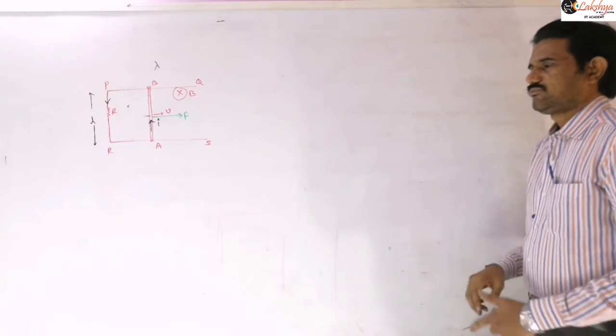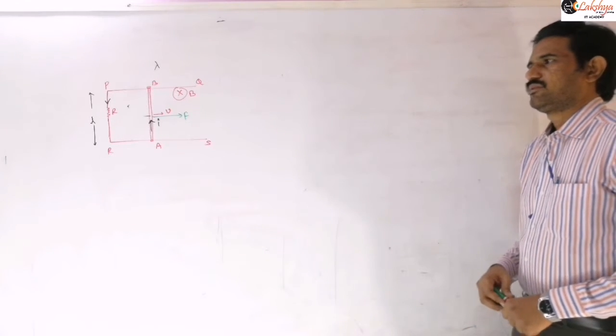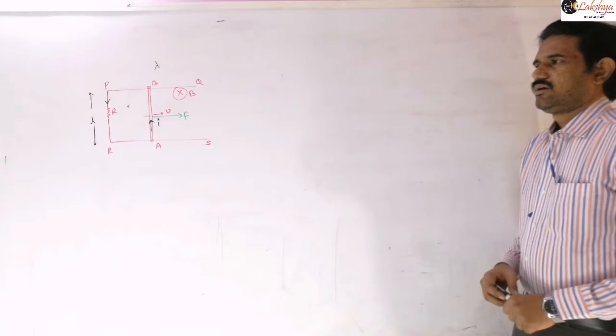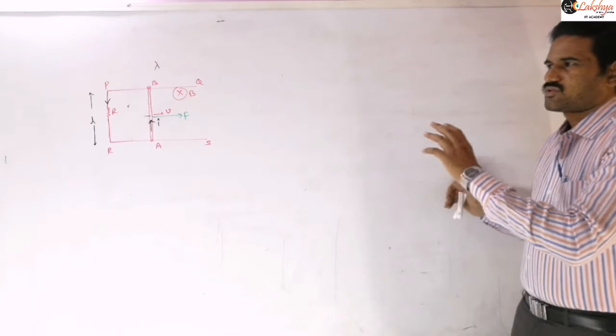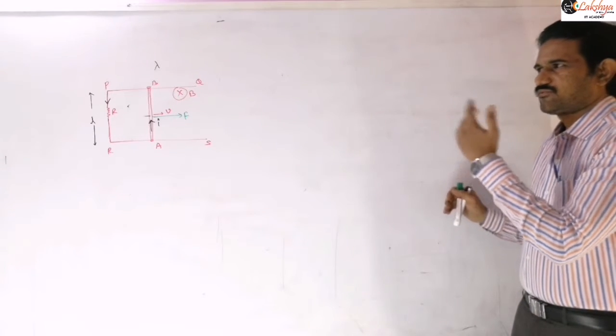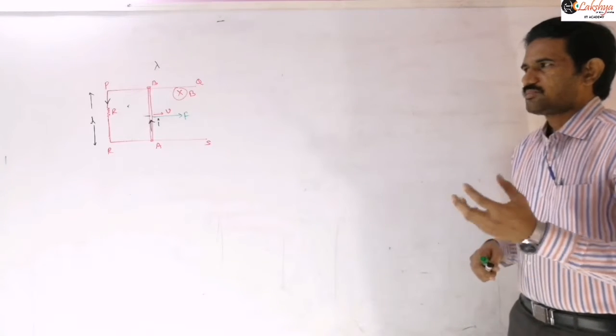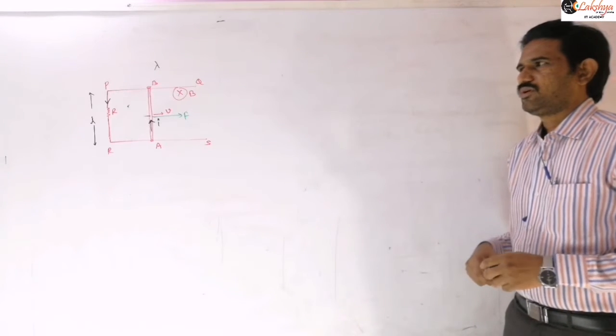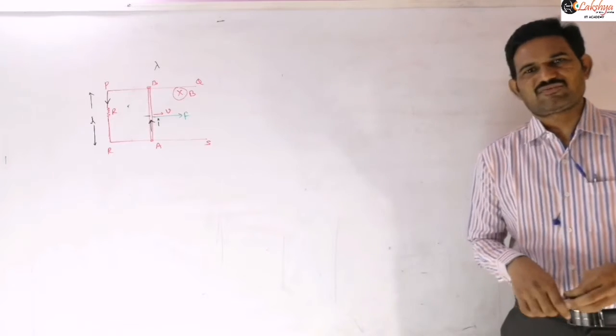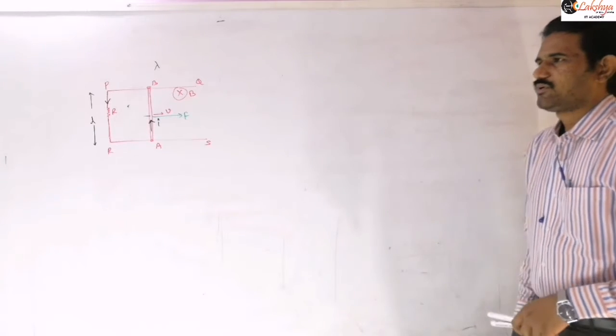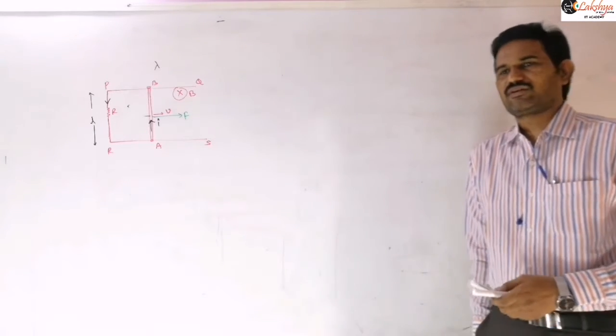Find, and before that just mention that the rod is assumed to be starting from the left end. Assume rod AB starts moving from the left end.